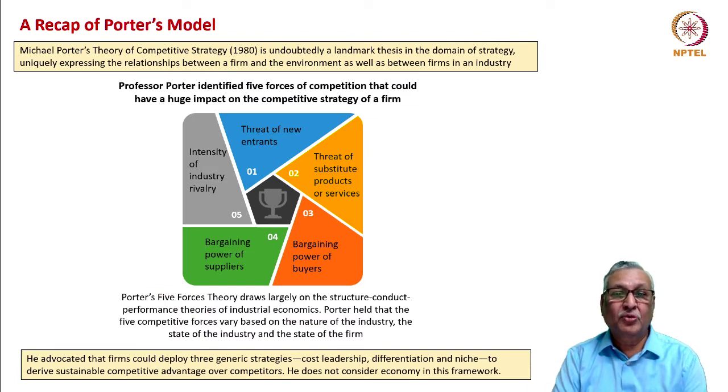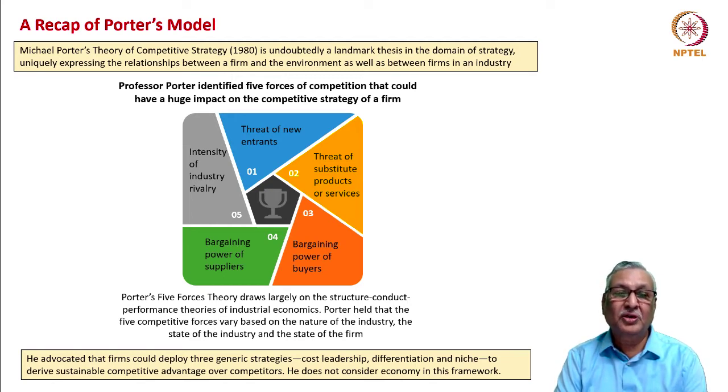As a recap, Porter's model talked about 5 competitive forces: threat of new entrants, threat of substitute products and services, bargaining power of buyers, bargaining power of suppliers, and intensity of industry rivalry. These analyses stemmed out of the industrial economic theories of structure, conduct, and performance.